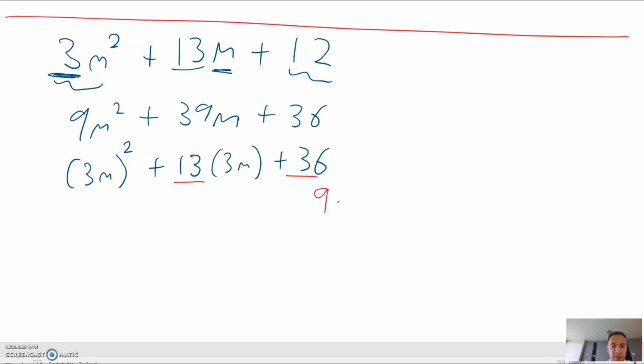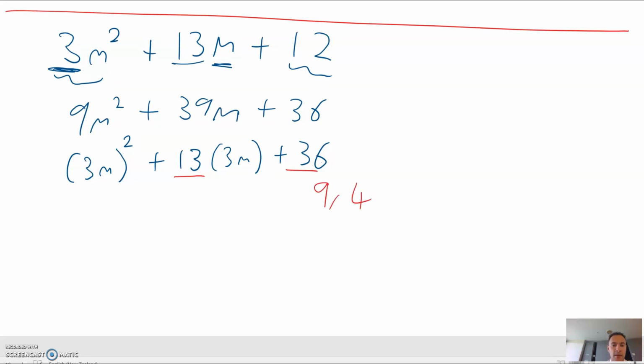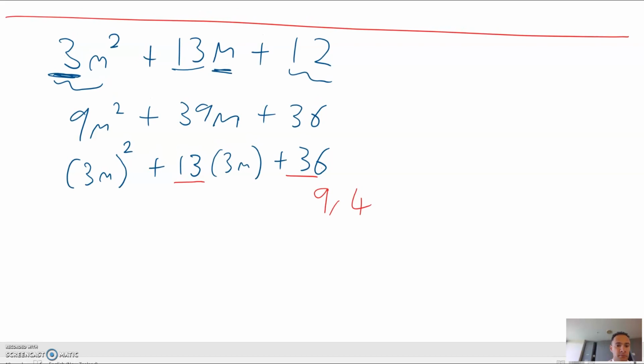This would have taken you a bit of time because there's lots of factors of 36, but it's 9 and 4. So we've got plus 9 and plus 4. And we put 3m because that's what we had in the brackets.